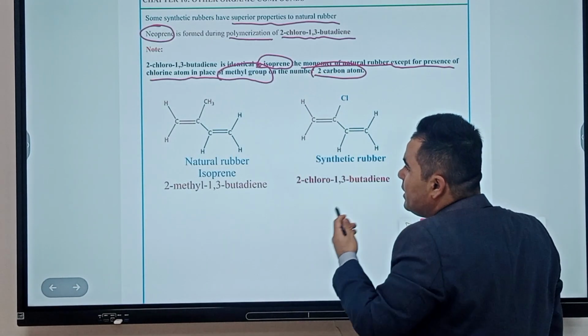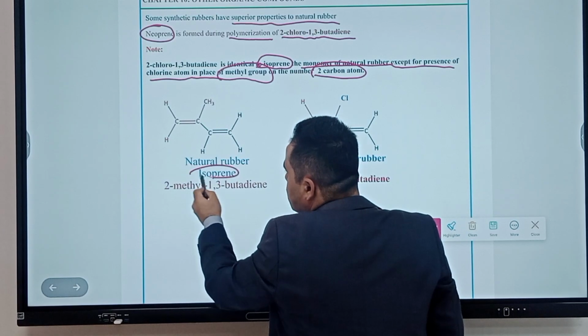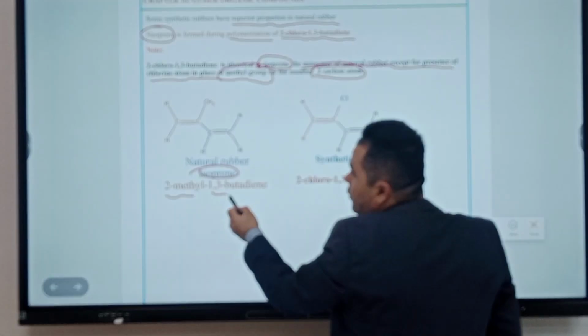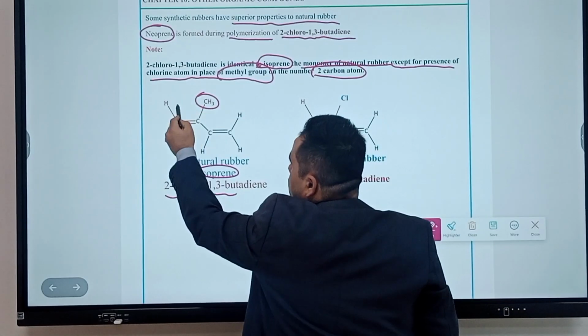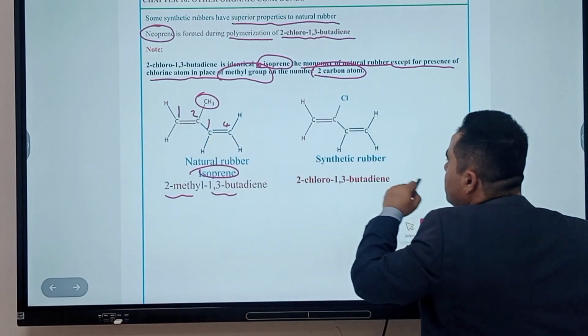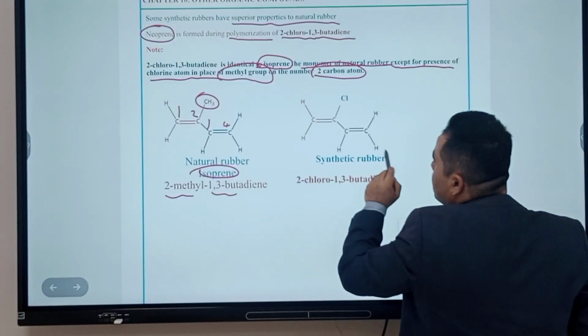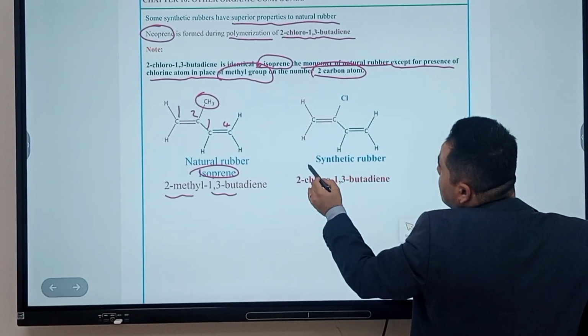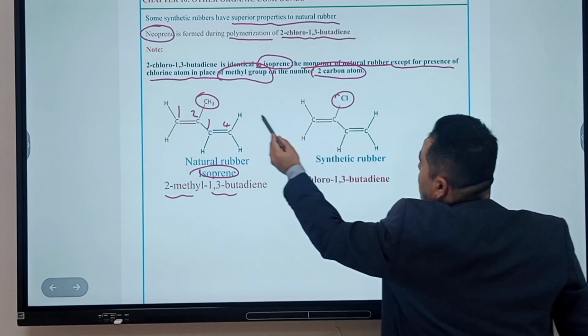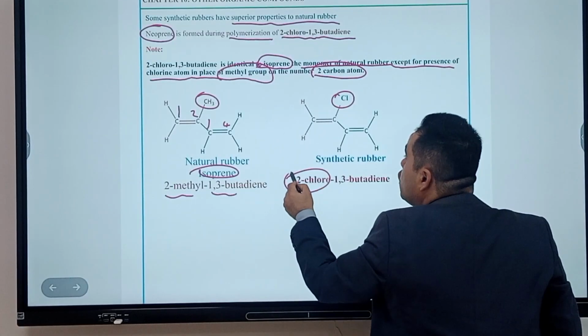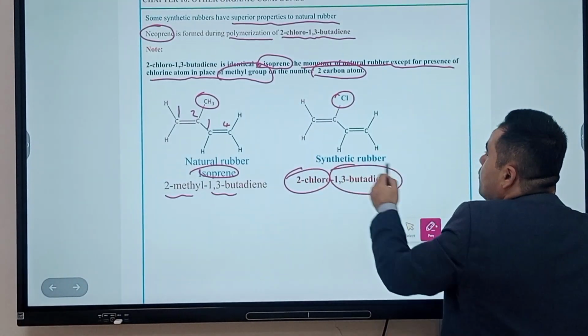Have a look at the natural rubber isoprene, which is 2-methyl-1,3-butadiene, 1, 2, 3, 4. But in the synthetic rubber, on the second carbon, instead of methyl, we have chloro.